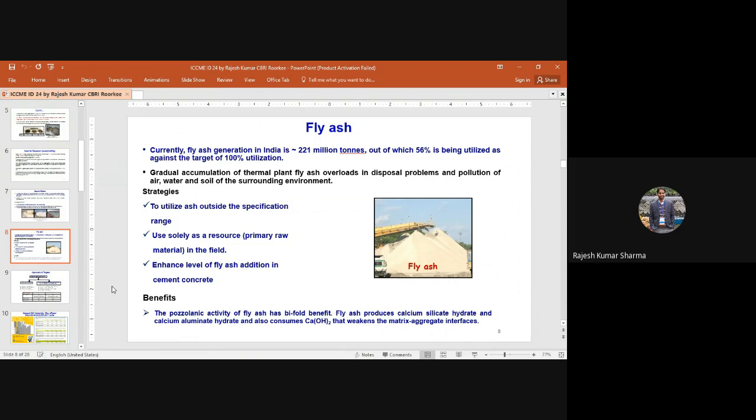The strategy to maximize fly ash is to utilize ash outside the specification in cement as well as in concrete, and enhance the level of fly ash addition in cement concrete. The benefit of adding fly ash is that it enhances the pozzolanic reactivity, and calcium hydroxide, the strength degrading phase in the cement matrix, converts into CSH and strengthens the cement aggregate paste matrix.